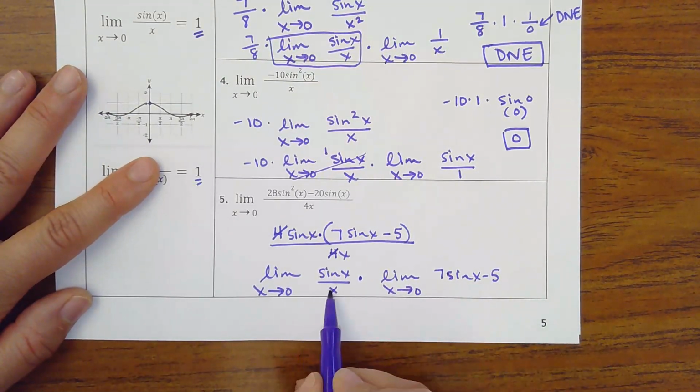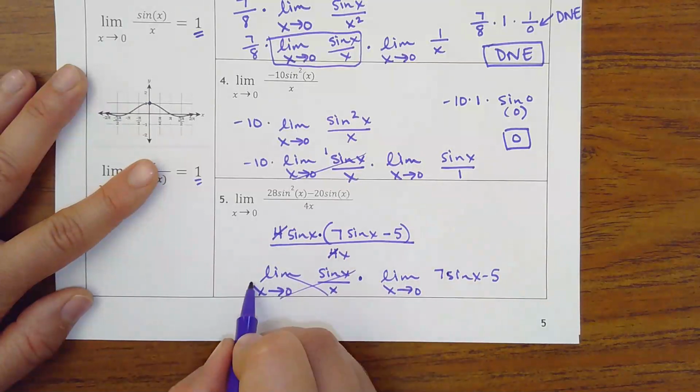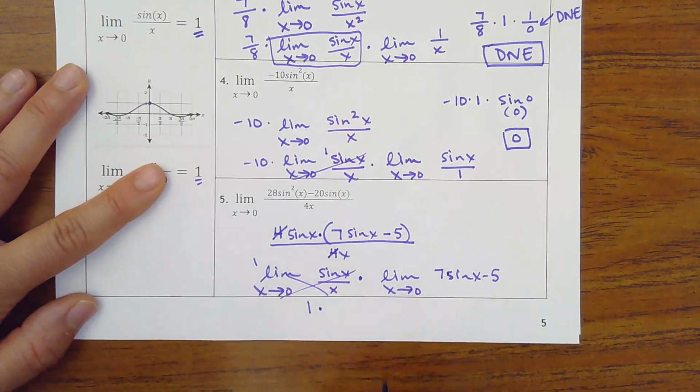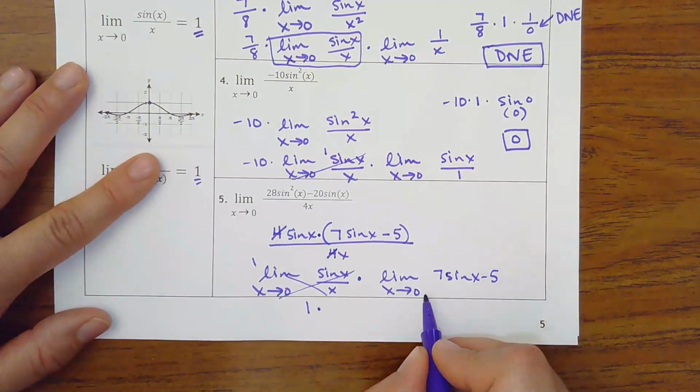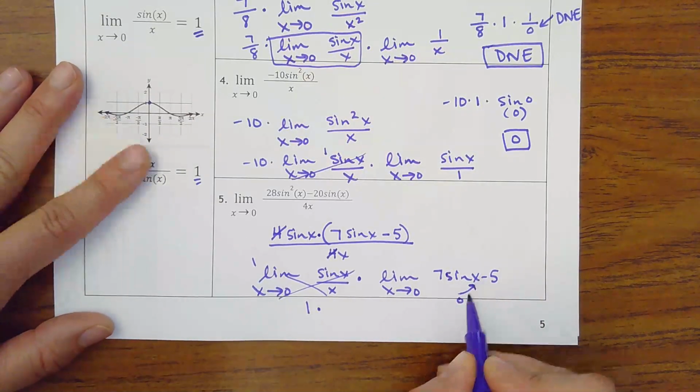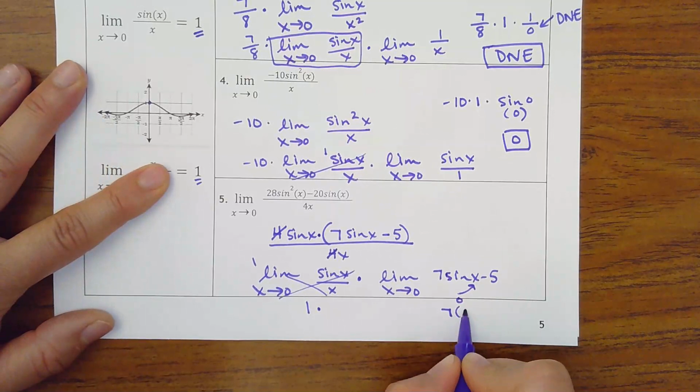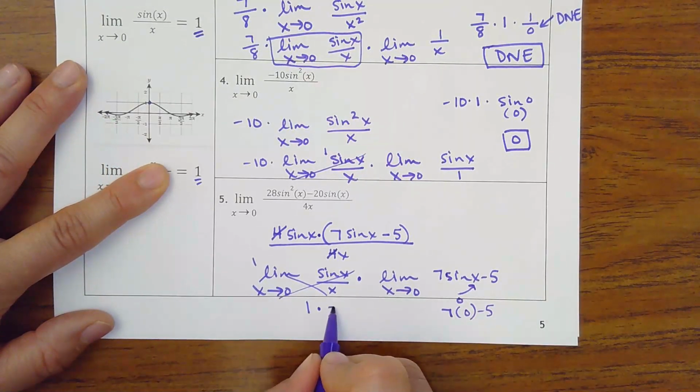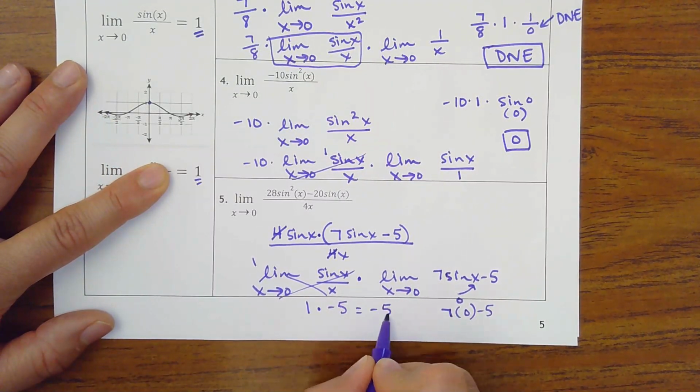Okay. This is my identity, which equals 1. So I have 1 times, then here I'm just going to direct substitute. So plug in 0. Sine of 0 is 0. 7 times 0 minus 5 is negative 5. 1 times negative 5 is negative 5.